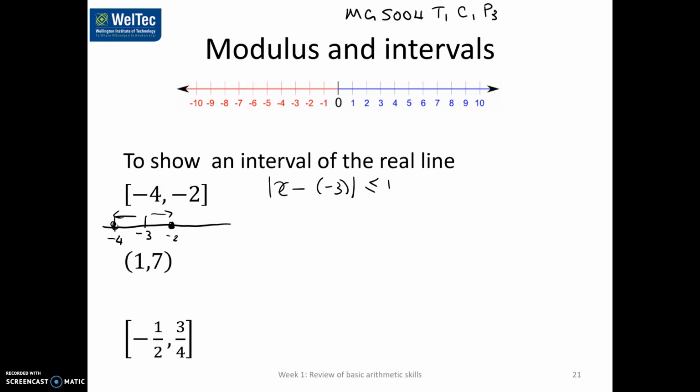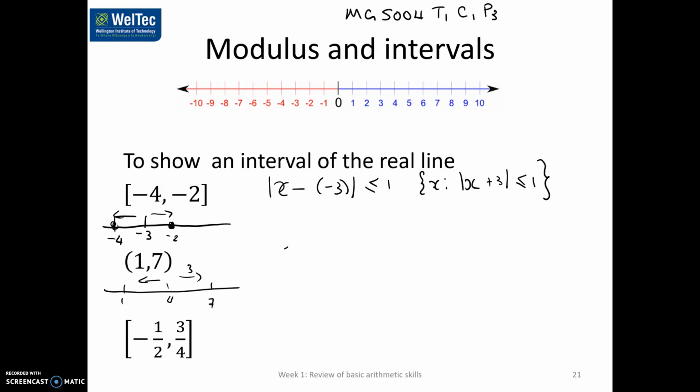Now, rearranging that, we could write it in full. We could say that x is such that the absolute value of x, now x minus -3 is actually x plus 3, is less than or equal to 1. The next one, what's the middle between 1 and 7? That must be 4, and then the distance either way is 3.